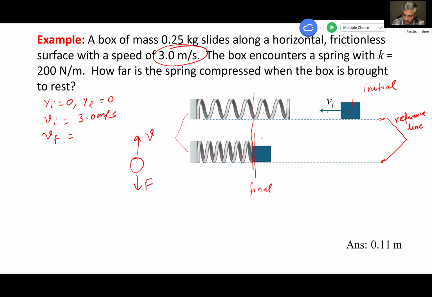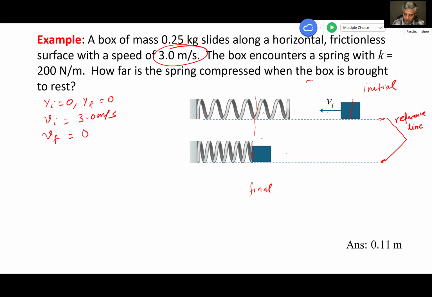Similarly here, when this thing starts touching here and v is in this direction, the spring force is in that direction. So the situation is exactly similar. At the maximum compression point, it's like the maximum vertical height, okay? So at that point, the final speed is going to be 0.